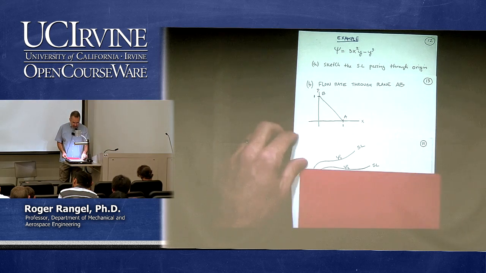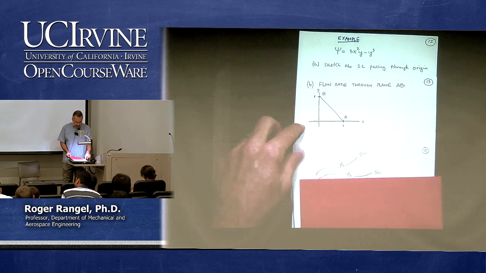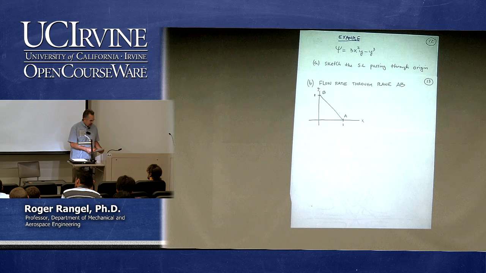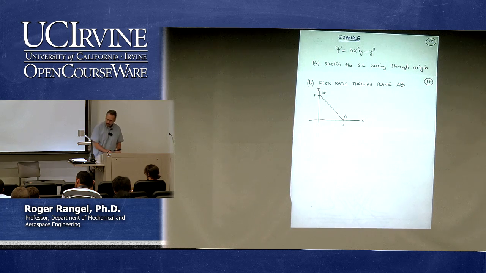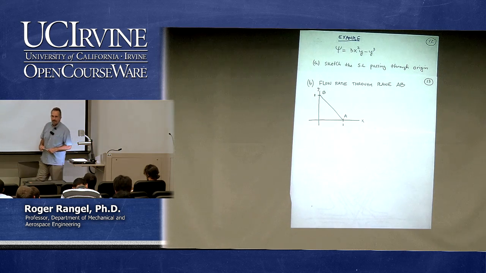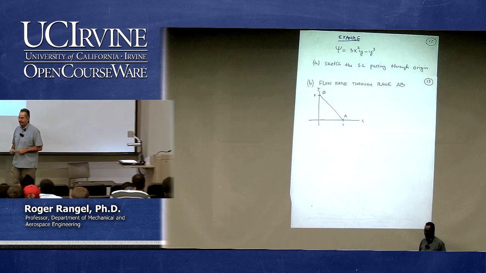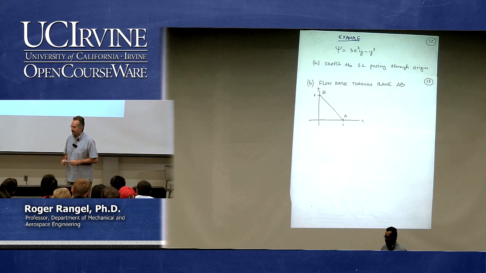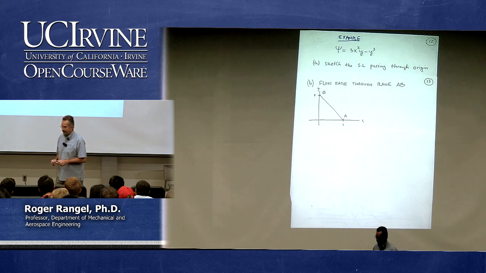So how do I find then the flow rate that crosses this plane between A and B? How do I find that? Which value? Where? Into the stream function.